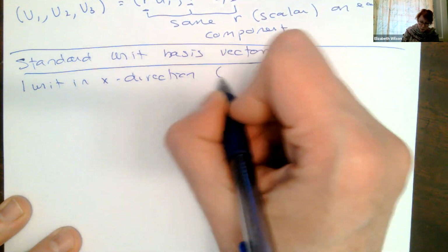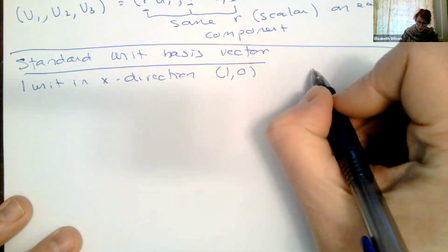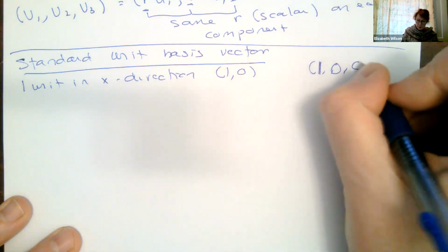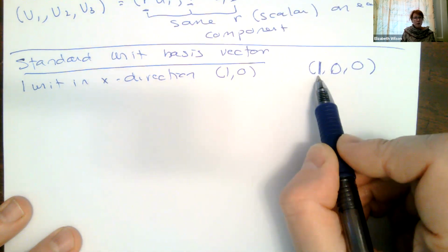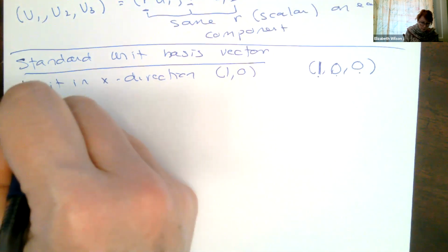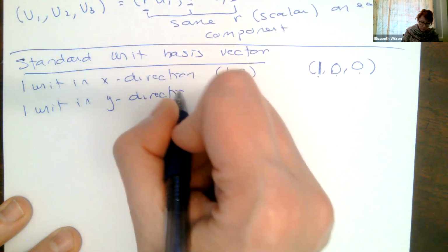Which I would write as 1 unit in the x and 0 in the y. Or if I was in 3-dimensional space, I would go 1 unit in the X, 0 in the Y, and 0 in the Z. I'm going to go 1 unit in the Y direction only.